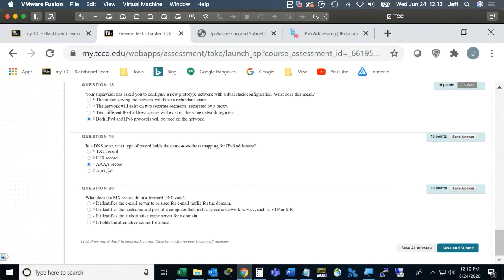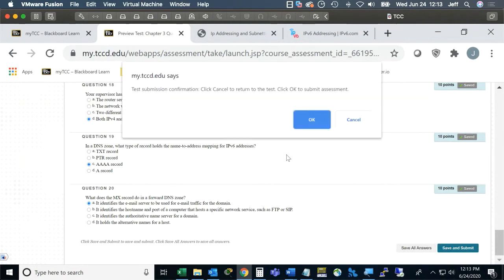It's C. It's the AAAA record. The A record will hold the IPv4, and the AAAA will hold the IPv6. And what does the MX record do in a forward DNS zone? It's A. It's a mail exchange. It identifies your email server.